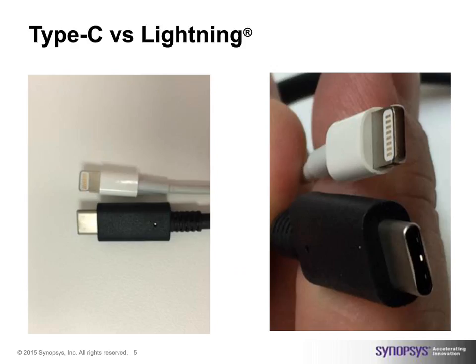It looks a lot larger than the Lightning connector, but the actual receptacle in the product is about the same for the Lightning, the Type-C, and micro AB. And the mechanical conversion from a micro AB product to Type-C is actually very simple. And when you play around and try to plug in the Type-C, it just feels good.